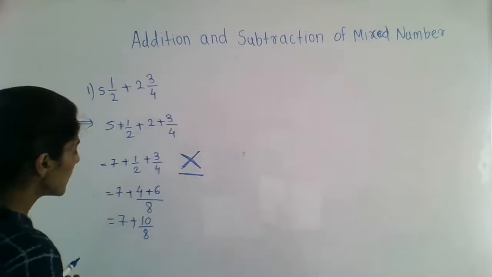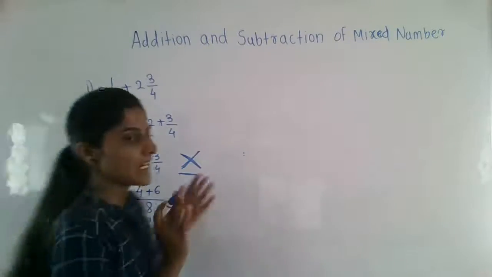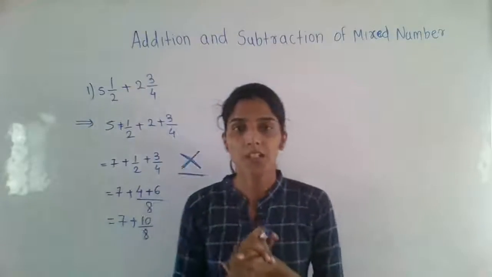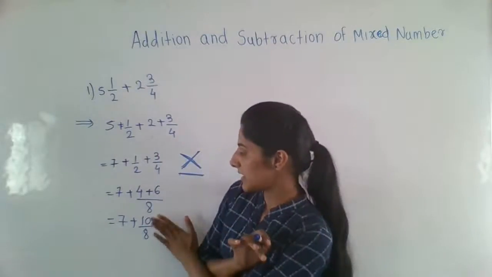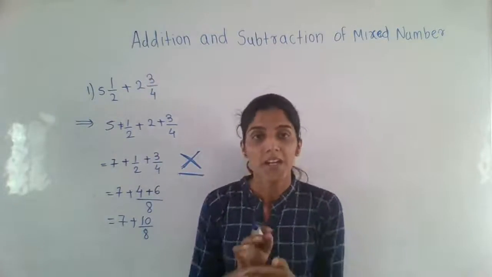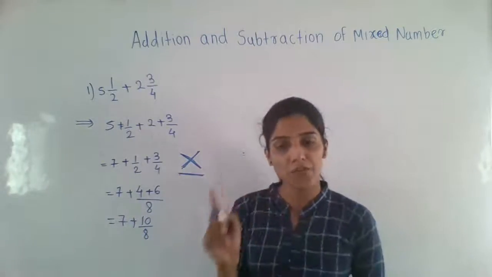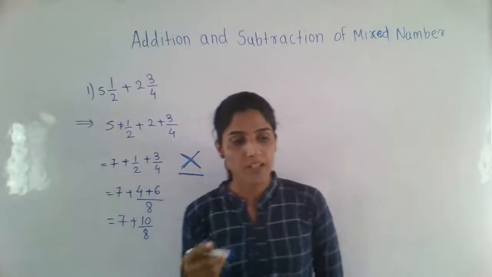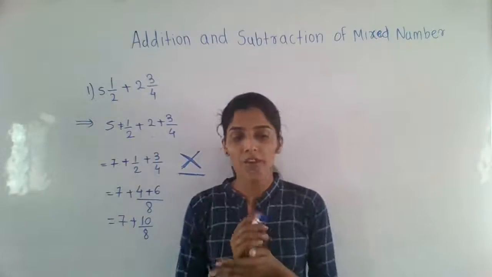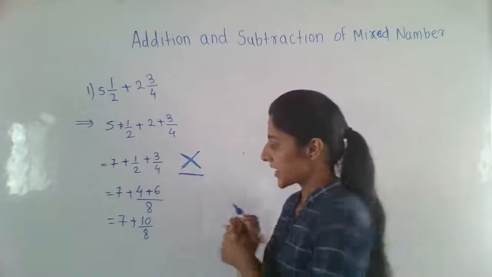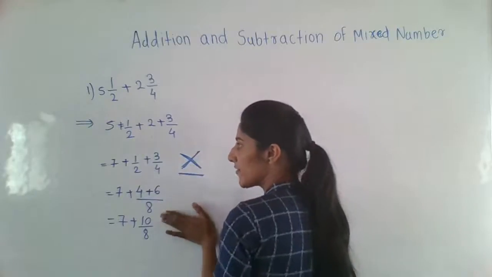Now here we have to add. This is an improper fraction. Why? Because the value of the numerator is greater than the value of the denominator. Understand? Therefore, this is an improper fraction.